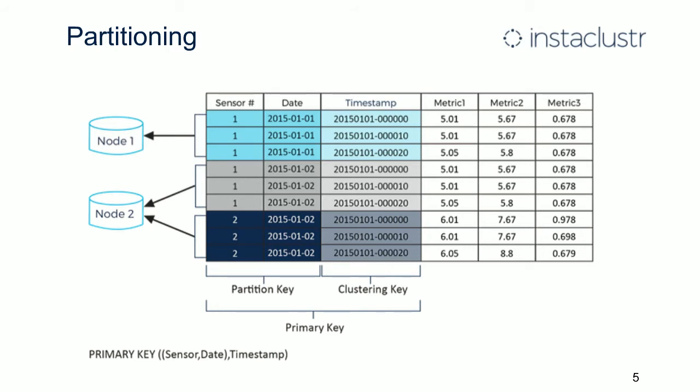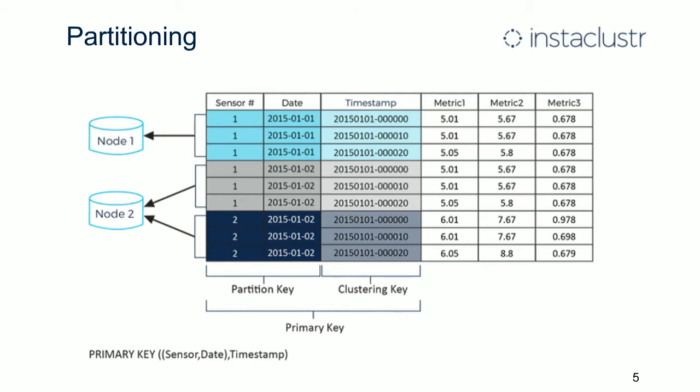So the partition key in this case is sensor and date, and the clustering key is the timestamp. So what that means is every unique combination of sensor and date forms a partition, and Cassandra will actually calculate a hash of those, which is used to look up which partition and find the partition and which node it's on. And then within the partition, there is a row per timestamp.